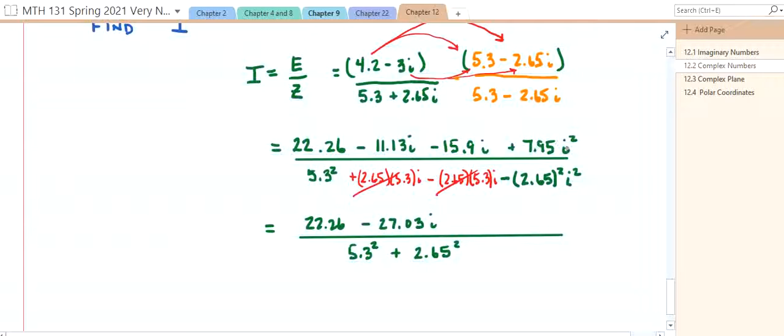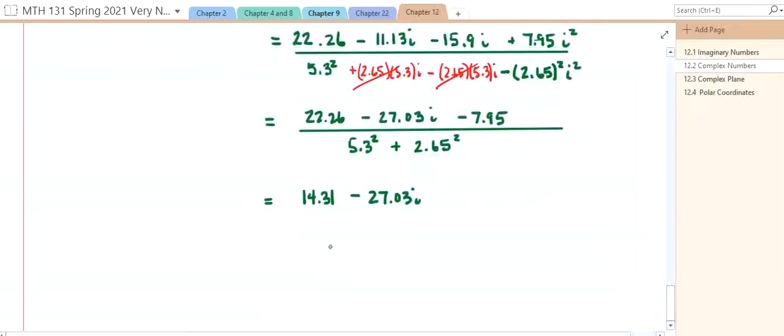And then, of course, this is going to be plus 7.95 i squared. i squared is minus 1, so this is going to be minus 7.95. And for just a final iteration, 22.26 minus 7.95 is 14.31, and then minus 27.03i. That's our numerator.